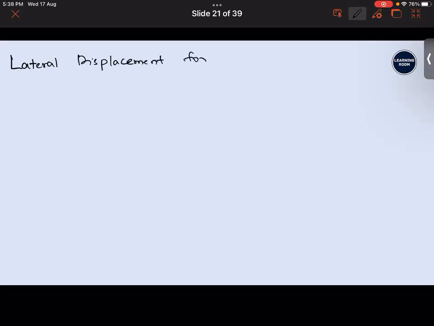Observe. Now what we are going to do is we are going to calculate the lateral displacement in glass slab.